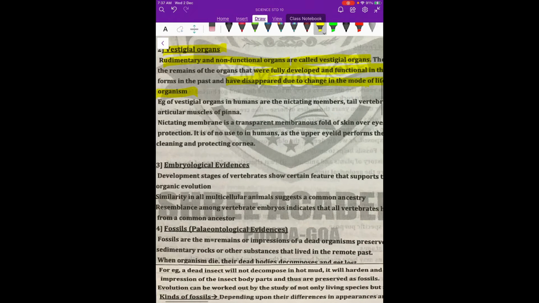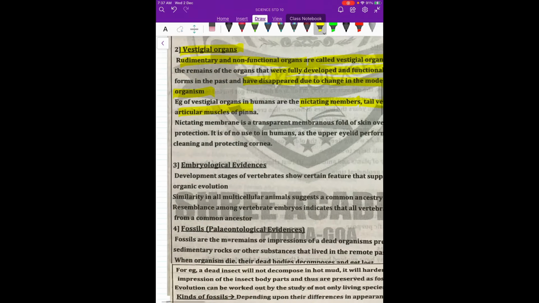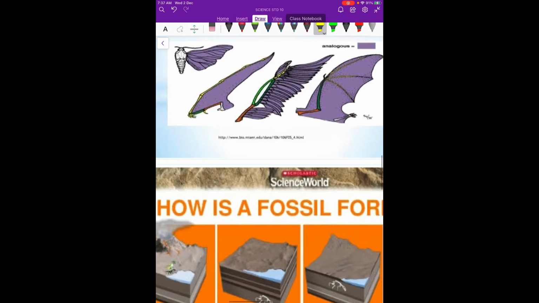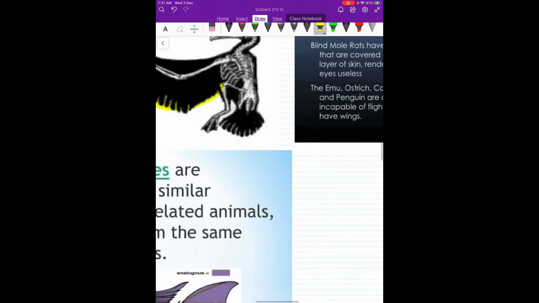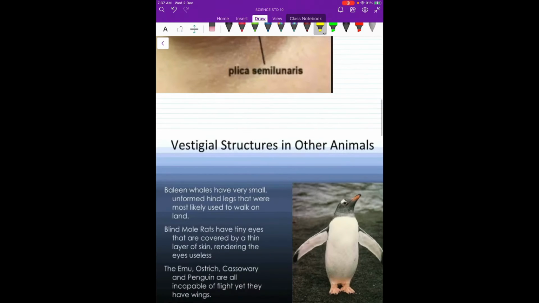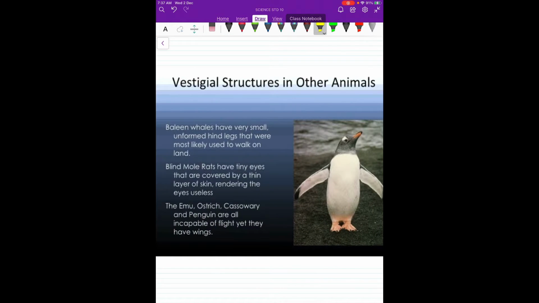The best example of this in humans is the nictitating membrane, and it was actually a tail vertebrae. So what do you mean by this? We will see this. These are the vestigial organs in other animals. Whales have very small, unformed hind legs.